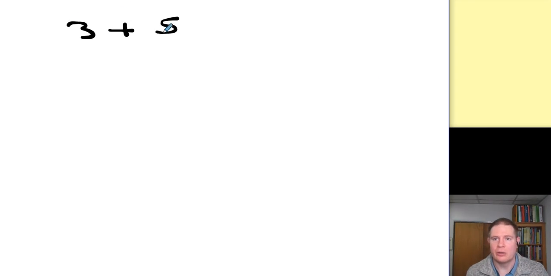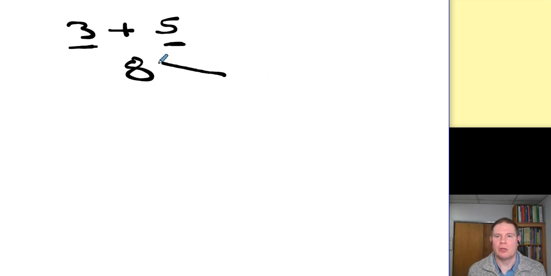So what does that look like? Well, that could look like this. If I perform this operation, I'm going to get that. Okay. 3 and 5 are both numbers. This symbol here is representing an operation.